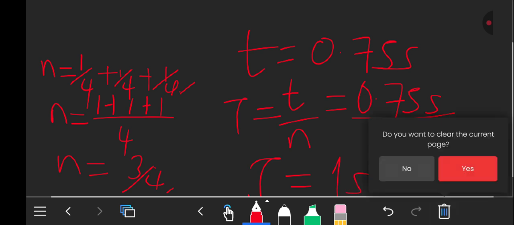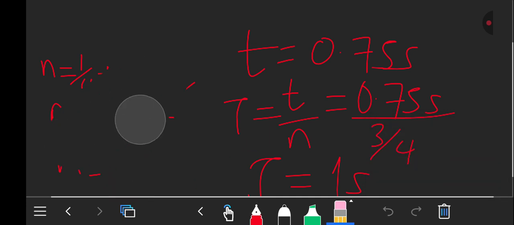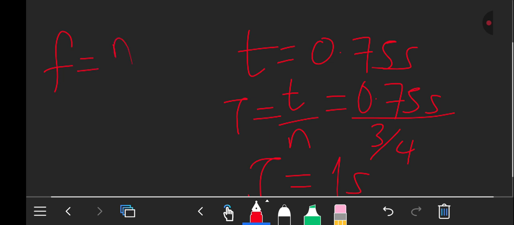Let's say you were asked also to determine the frequency. So what will be the frequency? We said frequency is equal to the number of oscillations over time. So frequency is equal to the number of oscillations, 3 over 4, divided by the time, that is 0.75 second.